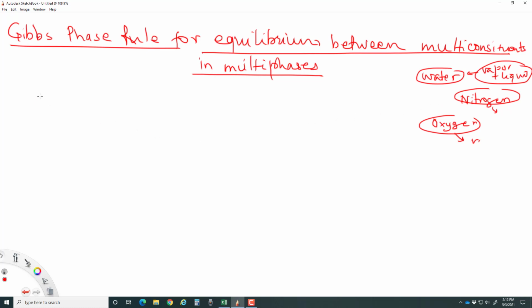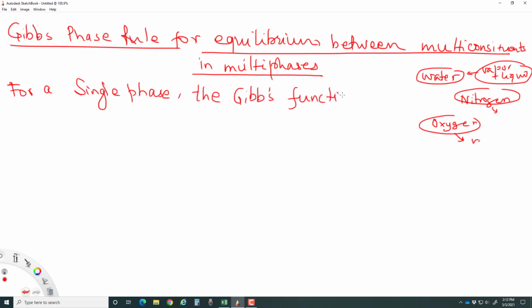So if we consider a single phase, then the Gibbs function, as we know from the previous discussion, for a single phase is given by the sum of chemical potential times the number of particles, where j goes from 1 to m, some number m.